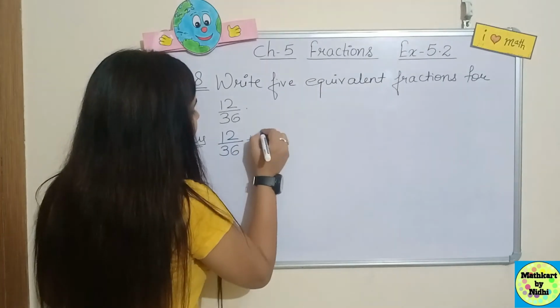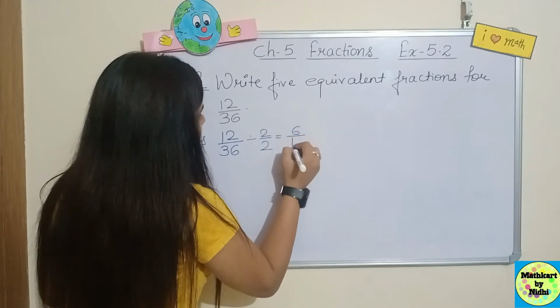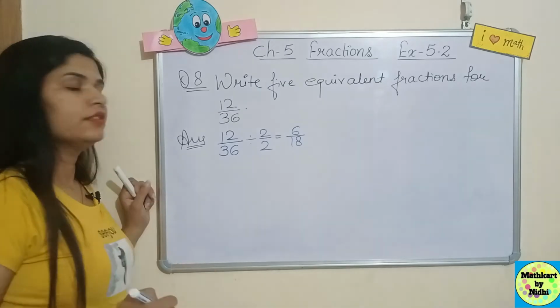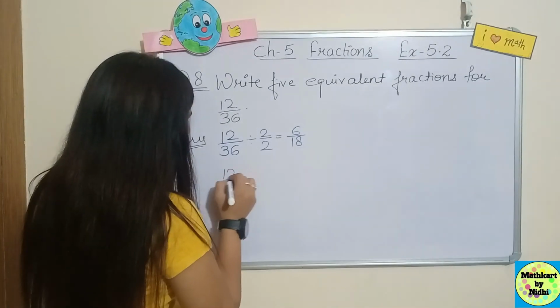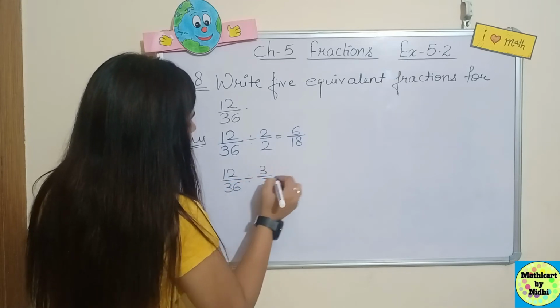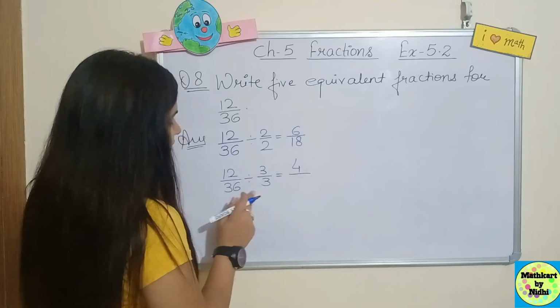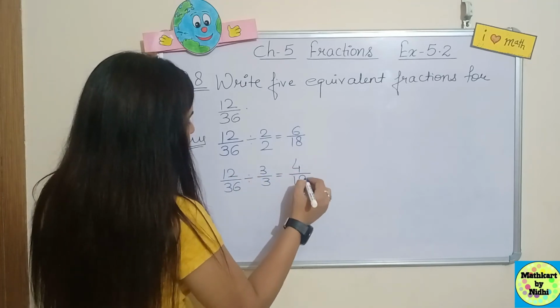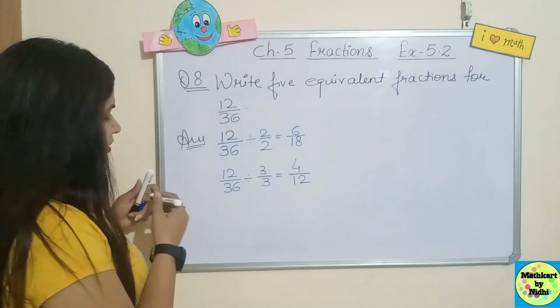So I am dividing by 2 and then we will get 6 upon 18, right? Yes. One more time I can do. I can divide by 3 as well, because 3 is also a common factor between them. 3 4s are 12 and 3 12s are 36, right?